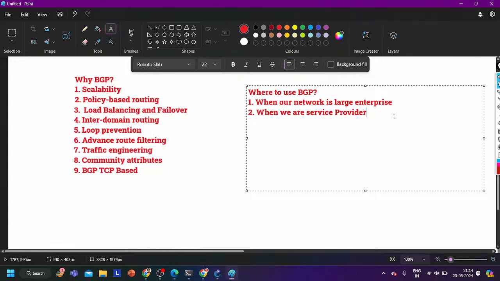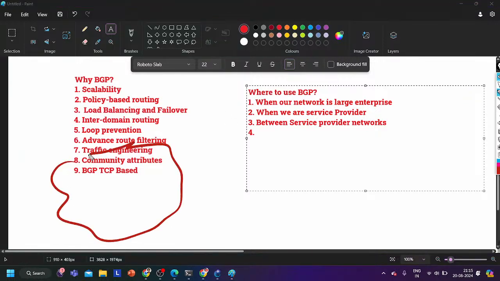So when we are a service provider, third, between service provider networks. As I told you, this is Airtel, right?